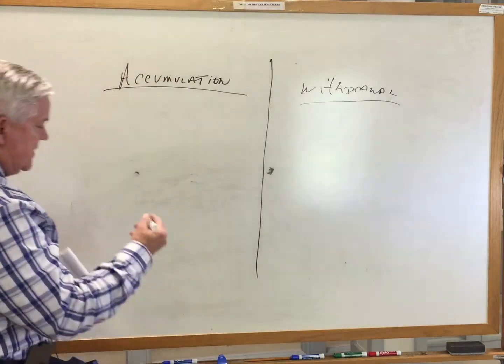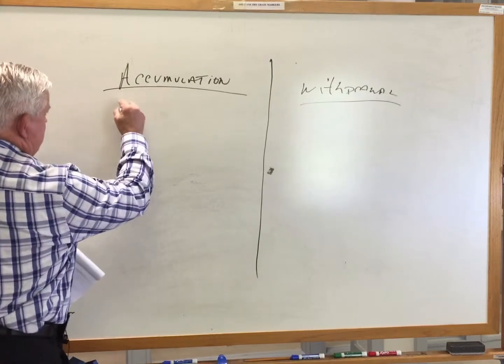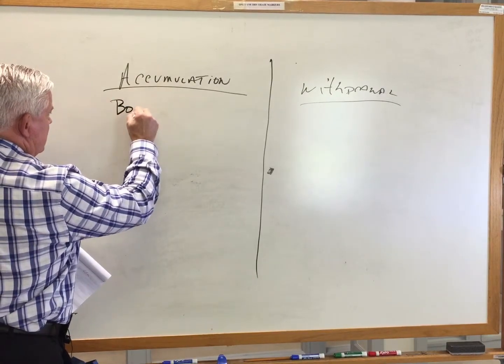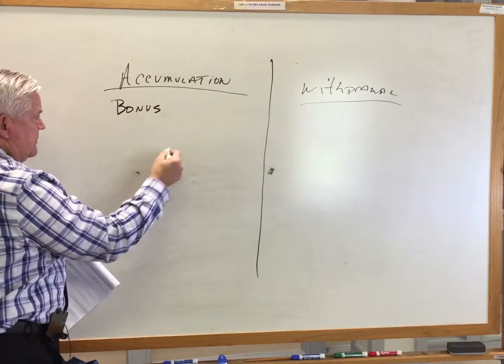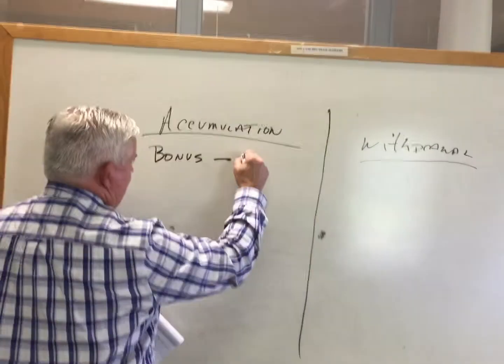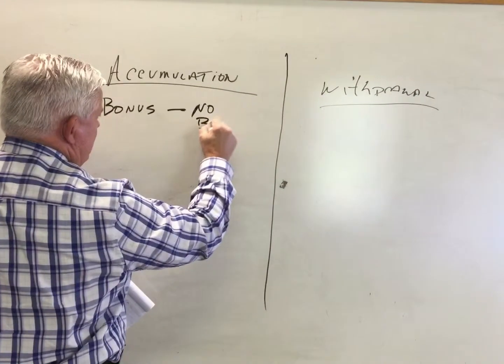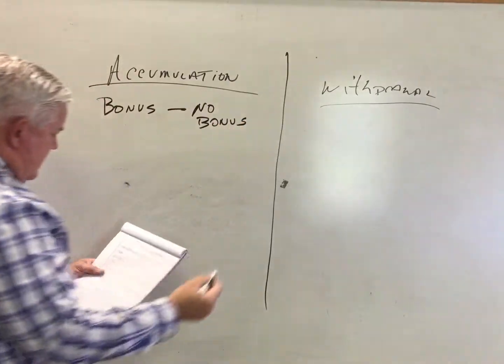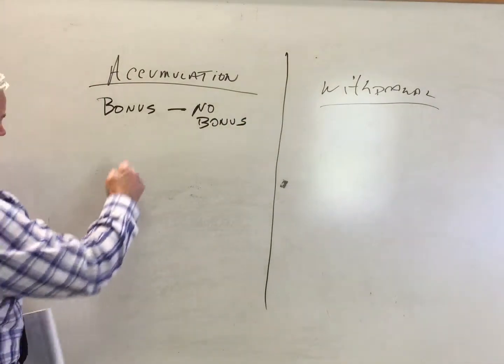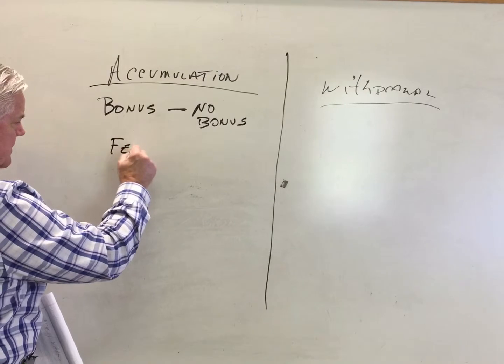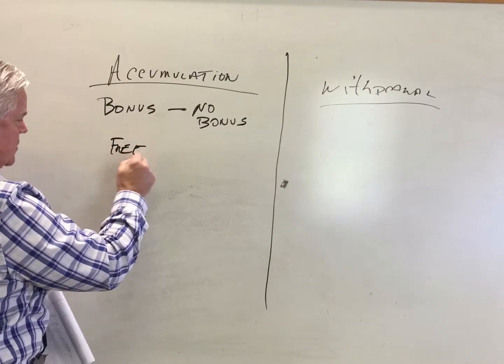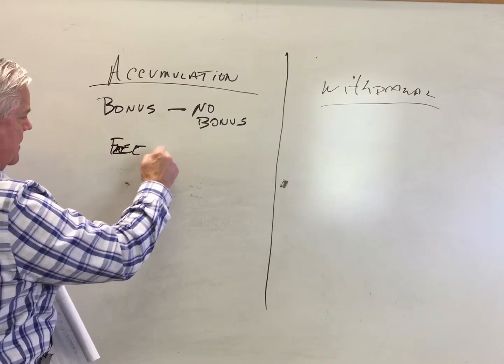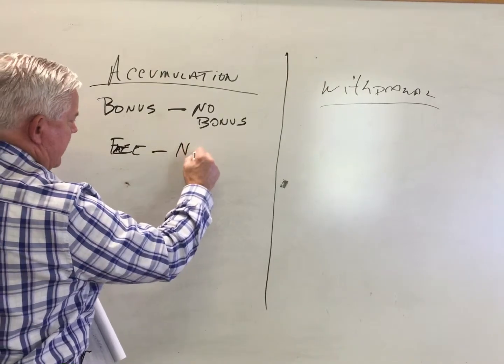On the accumulation side, it may have a bonus to put the money in, or maybe no bonus. It may be a fee product, where they're charging a fee for a rider, or a no fee product.